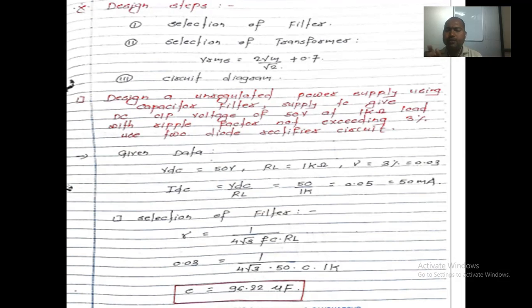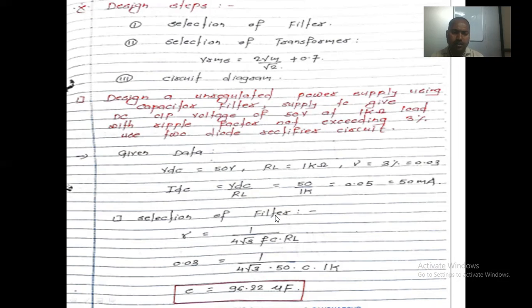Okay, 50 into 10 raised to minus 3 indicates 50 milliampere. Because we know that 10 raised to minus 3 indicates milli, 10 raised to minus 6 indicates micro, 10 raised to minus 9 indicates nano, 10 raised to minus 12 indicates pico. So this is 10 raised to minus 3, it is milli. So 50 milliampere.